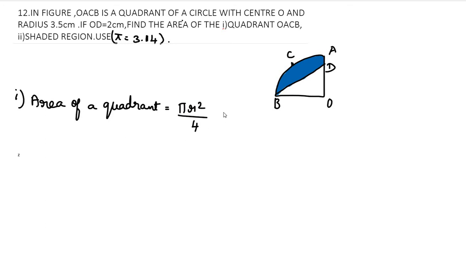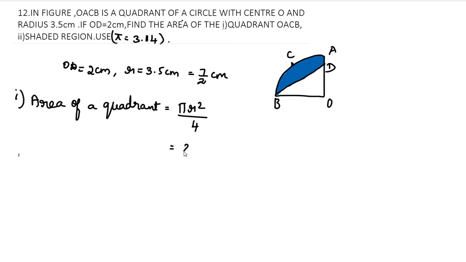Okay, let us find the radius of this. What is given here? Radius is 3.5. Already it is given. The given things are OD is equal to 2 centimeter and radius is equal to 3.5 centimeter. This I can write 7 by 2 also, right? Now I am going to apply this in pi r square by 4.